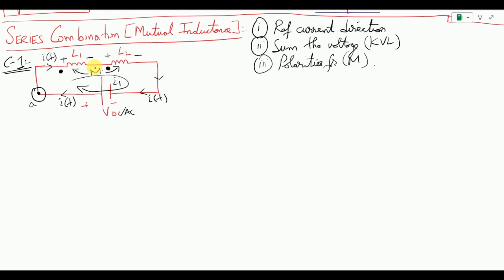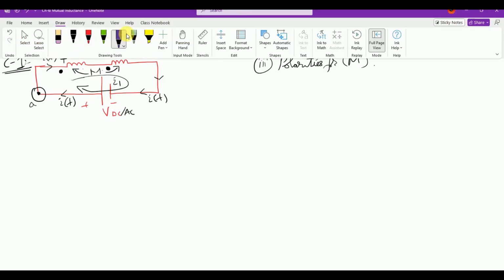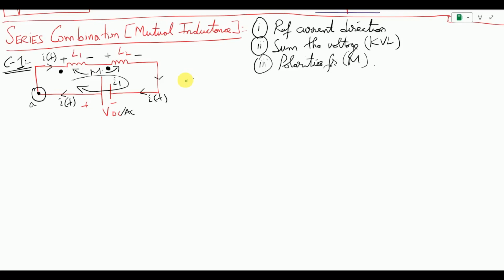So now how can we write the KVL equation? Before we write the KVL equation, we need to know the polarities for the mutual inductance. How can we find this? We need to know the direction of current. If I want to know the value of M appearing for L1, I need to know what is the current entering the second terminal.